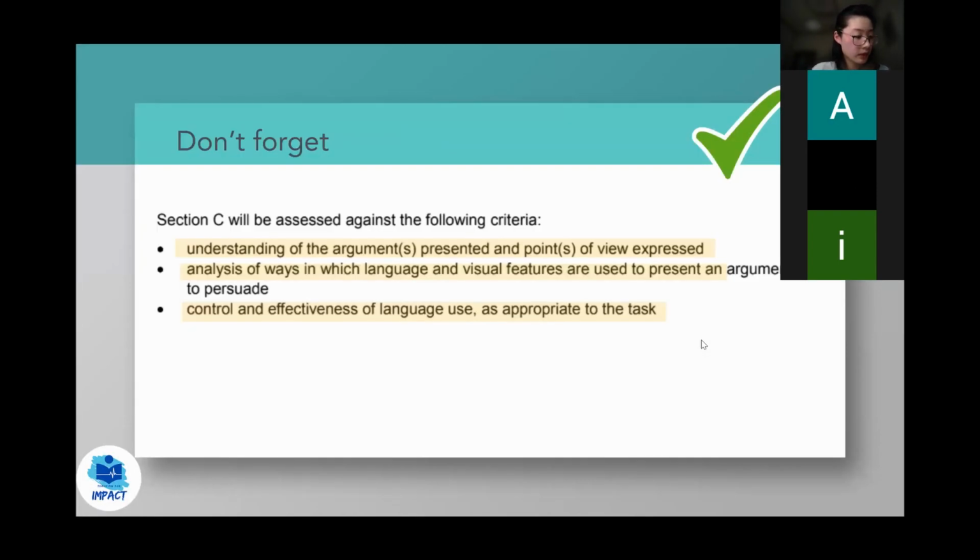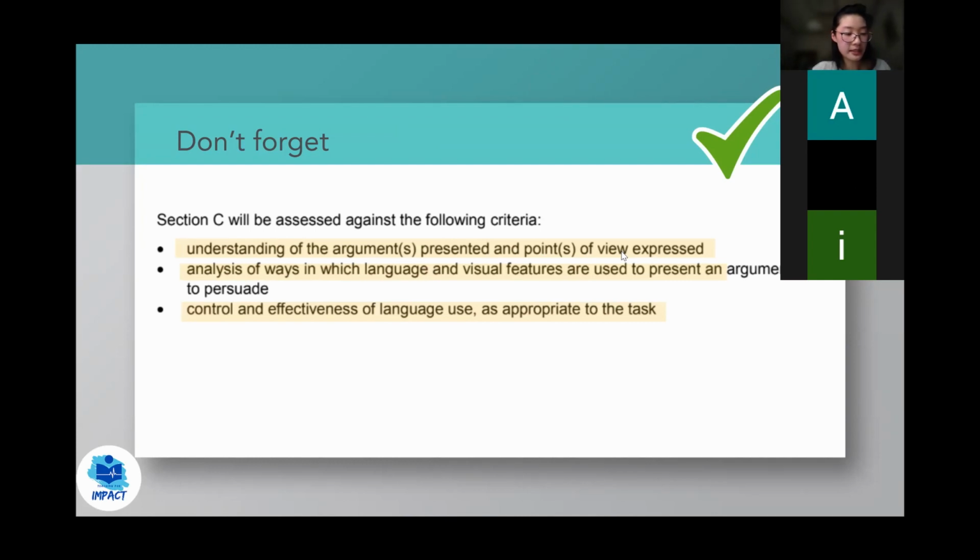Yep, cool. So I think this is my final slide, and we're just going back to the assessment criteria from VCAA. And this is basically three main things. So section C, firstly, we want to see you demonstrate the understanding of the argument presented and the point of view presented.